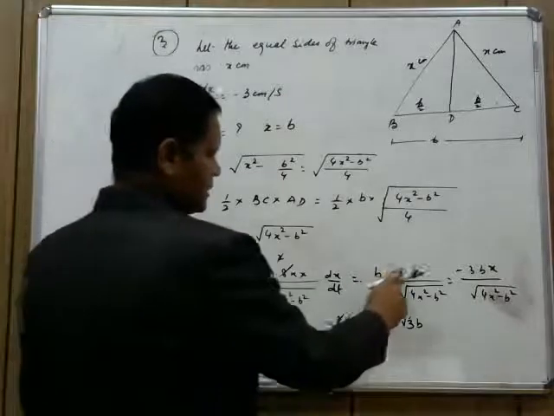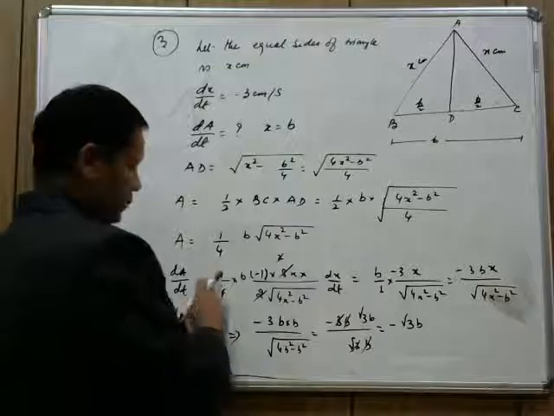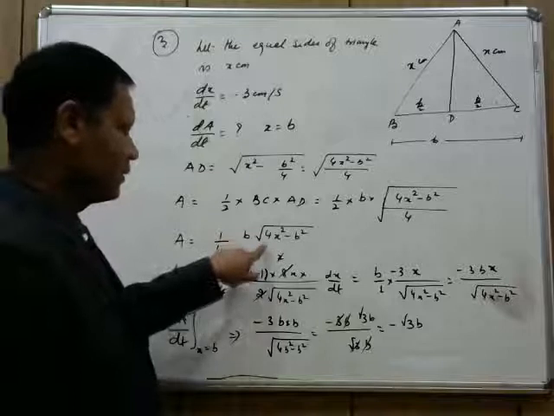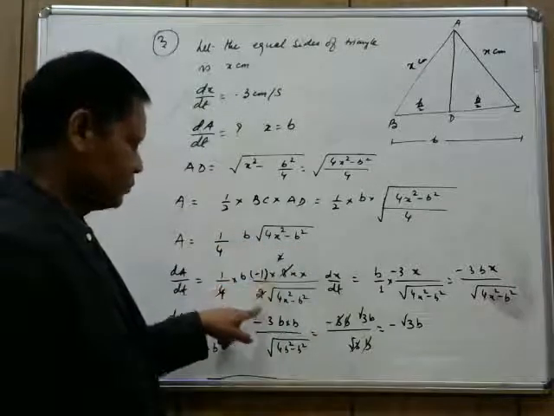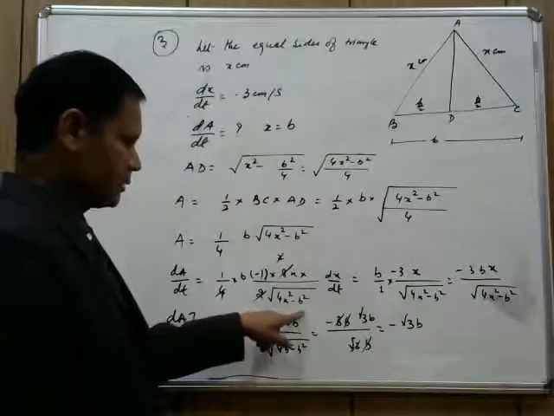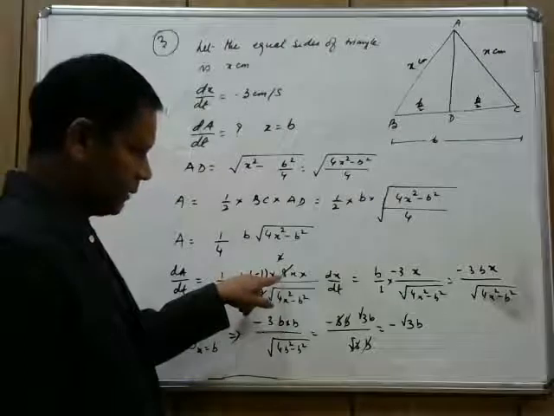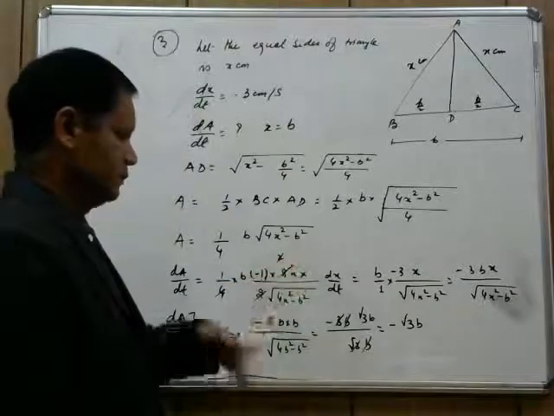minus 3bx after differentiating with respect to t. 1 by 4, b is a constant. Differentiation of under root 4x square minus b square is 1 by 2 under root 4x square minus b square. Differentiation of 4x square is positive 8x, and differentiation of minus b square is 0. Fine.